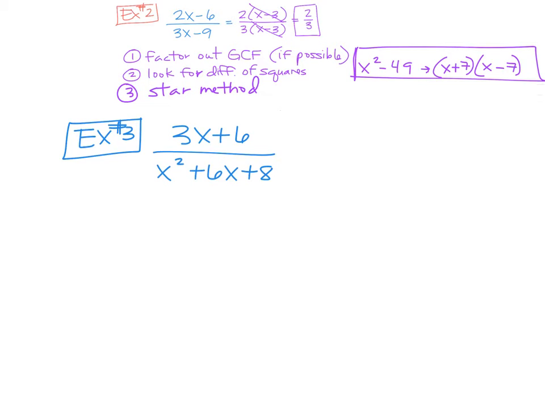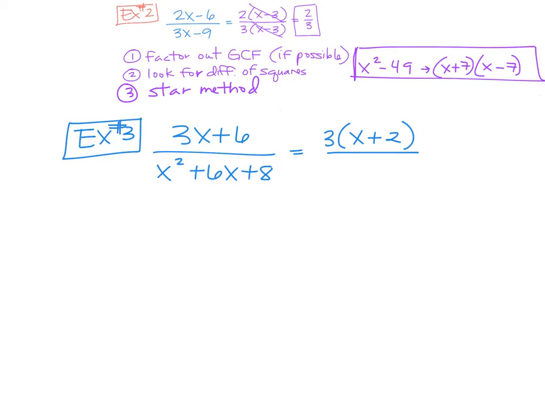Is there a greatest common factor for either of these? There is on top, right? If we factor out a 3, this would be a 3 times x plus 2. On bottom, is there a GCF? No. Is it the difference of squares? No. So we're going to do star method.